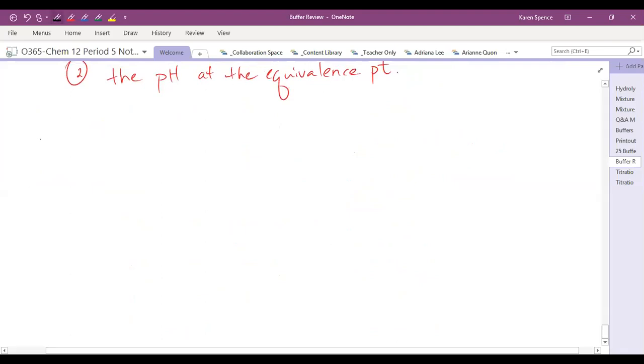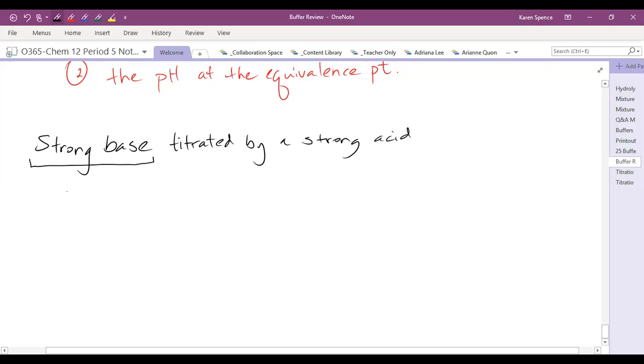So we will have a strong base titrated by a strong acid. So our strong base then is our analyte. It is our unknown. It is in the flask. And our strong acid is the titrant.